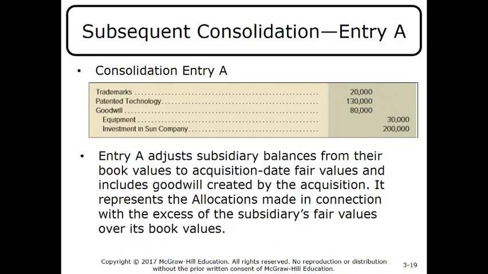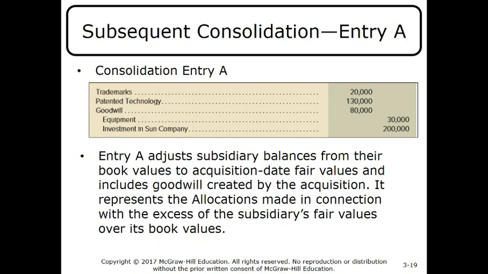The entry A, we're simply allocating the excess values to the assets that they're attributable to. This is what caused Parrott to pay a purchase price for more than the book value of the assets.